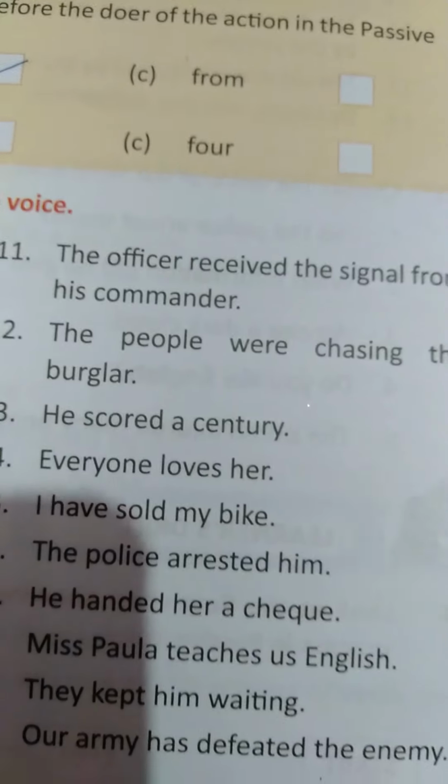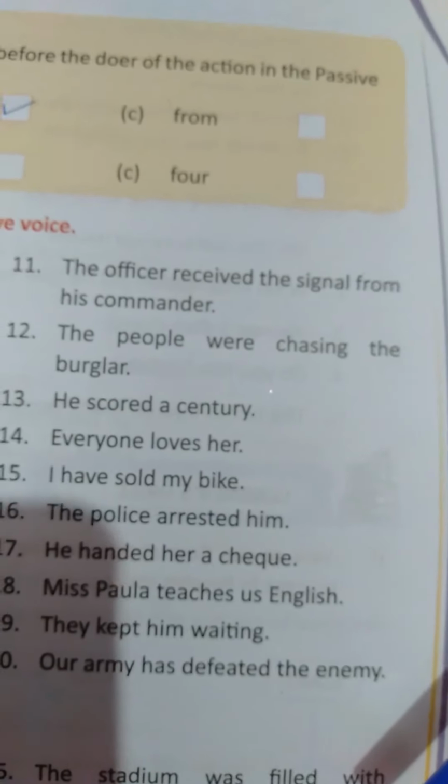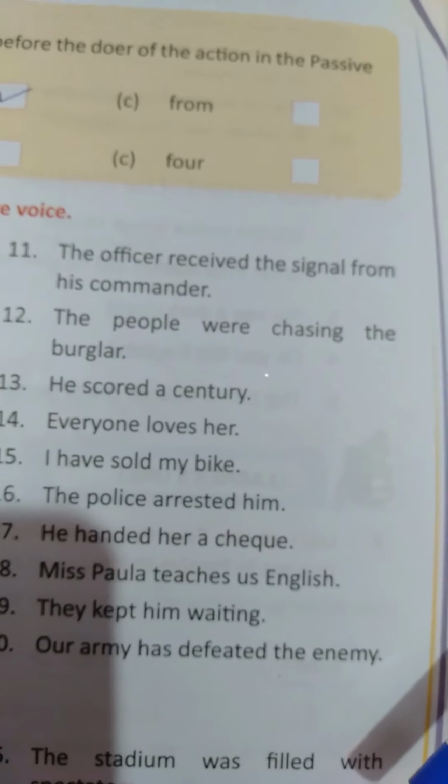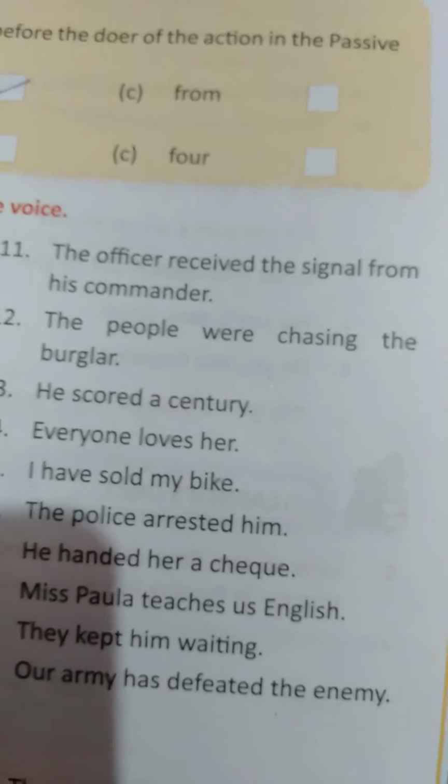The officer received the signal from the commander. Here the word received is what? Verb. Yeah. The officer received the signal from his commander. So he received what? The signal.